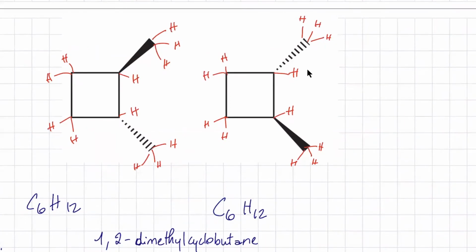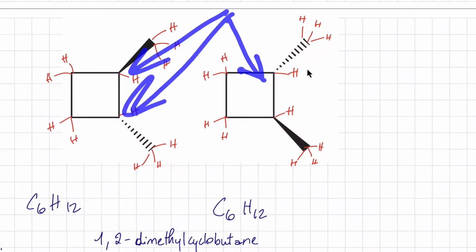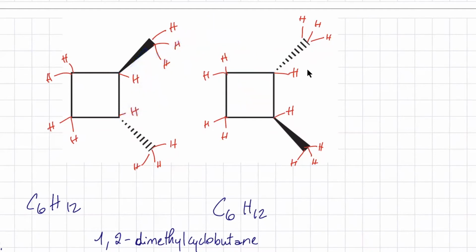If this compound has the same chiral centers, because I'm noticing some chiral centers here, if the chiral centers are identical, then these two will be identical compounds. But if the chiral centers are different for both compounds, then we talk about stereoisomers.